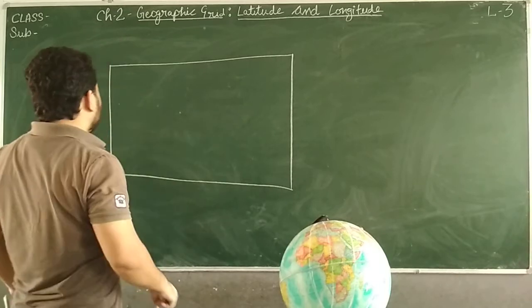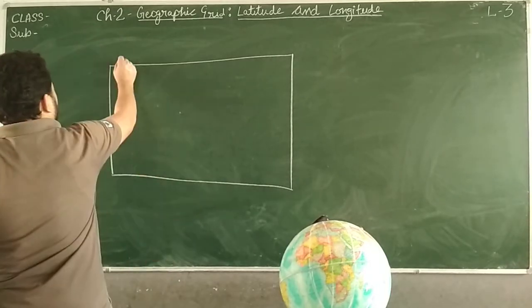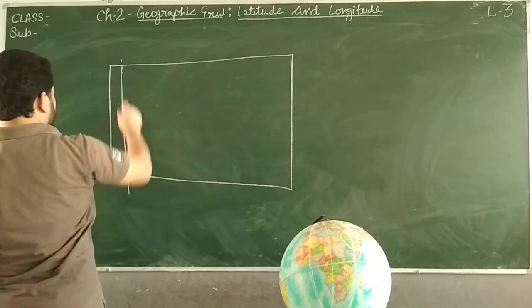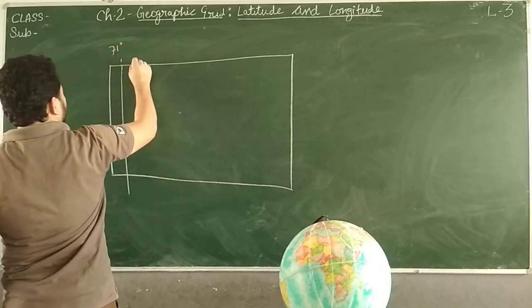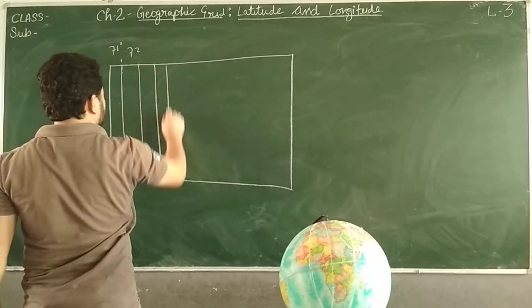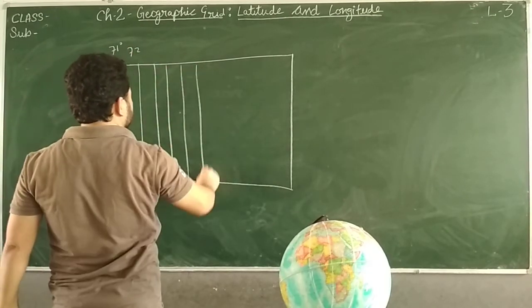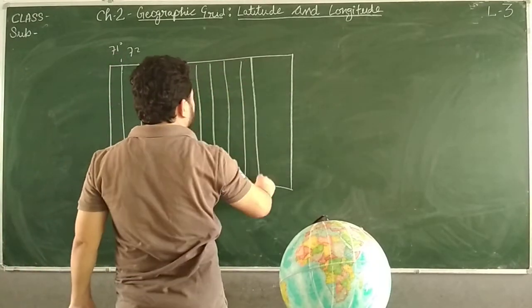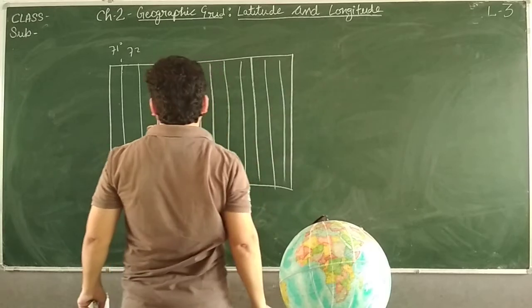From India, suppose one line is 71 degree, then 72, 73, 74, 75, 76, 77, 78, 79, 80, 81, 82, like this it is going on.